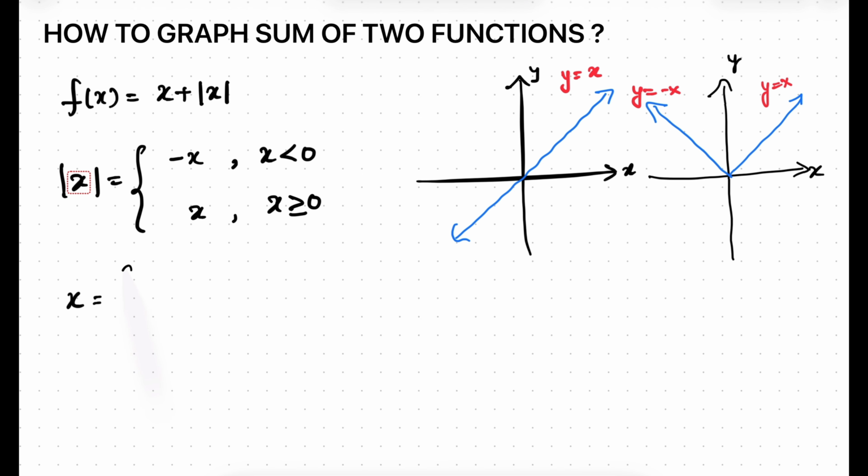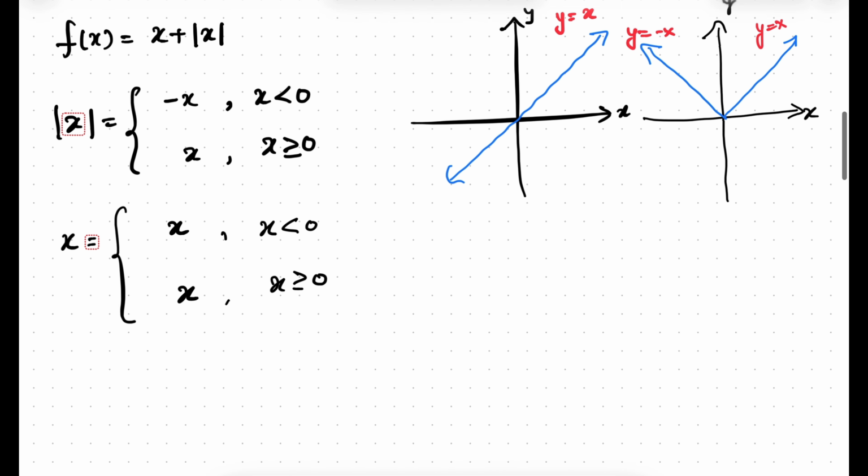That means you'll have to add the functions on their own domains. To do that, you have to understand how the domains are separated. And how are we separating these domains? Based on the modulus function, because the modulus function is composed of two functions on different domains. So when x is negative, your identity function is x, and when x is non-negative, it is also x. Now it is easy for us to add these two functions.